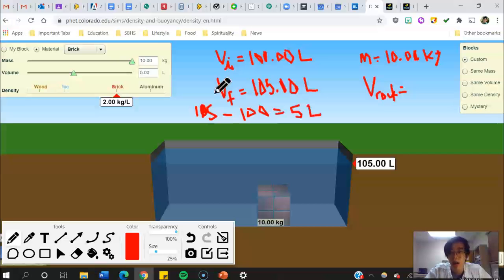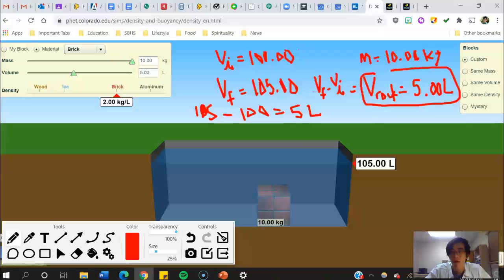So, VF minus VI gives me the V rock, which was 5.00 liters. And this is what I was looking for, for my volume. So the volume is just the displacement of the water, found by subtracting the final volume minus the initial volume. And then if I have these two values, I can find the density.